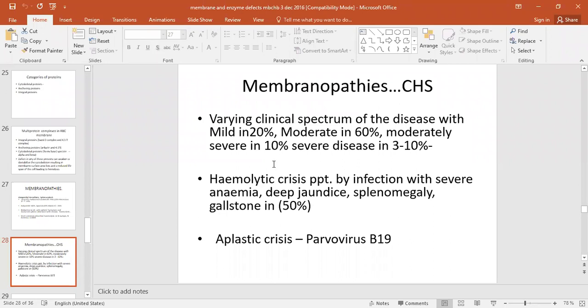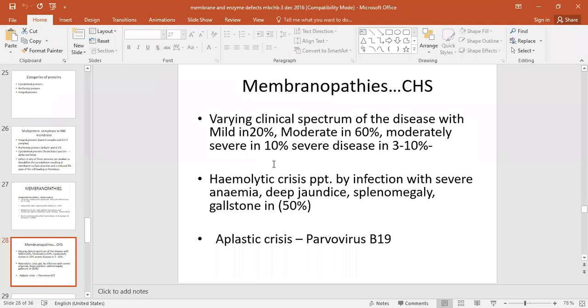And there can also be hemolytic crisis, but the hemolytic crisis is precipitated more often than not by other underlying causes like infections. And so when you have an infective agent, because of this disorder, you would have severe anemia. Deep jaundice and subsequently splenomegaly would be key.